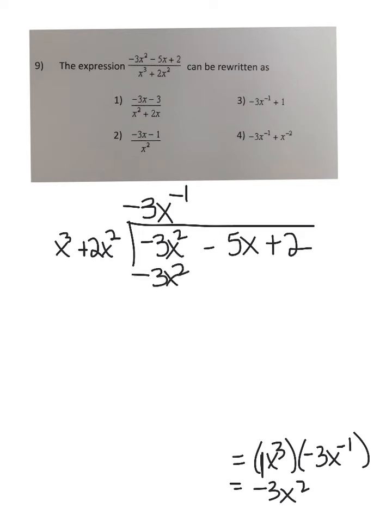All right, so then let's look carefully. Now I'm going to multiply this negative 3x to the negative first times positive 2x squared. Well, a negative 3 times a positive 2, I know is a negative 6. And then remember, I'm doing x squared times x to the negative first. So we keep the base, which would be x, and we add these exponents, 2 and a negative 1.